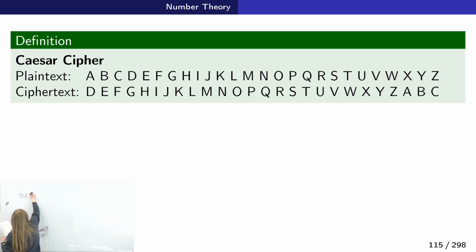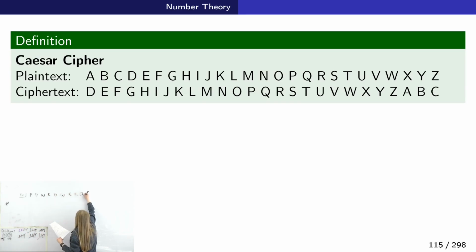So for an example, if I gave you P, D, W, K, D, W, K, R, Q, what does that mean to you? Nothing, right? But if I told you I used a Caesar cipher to encrypt this, now we can use this cipher to decode our text.